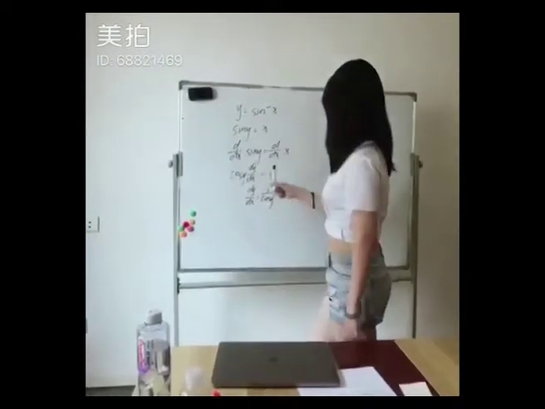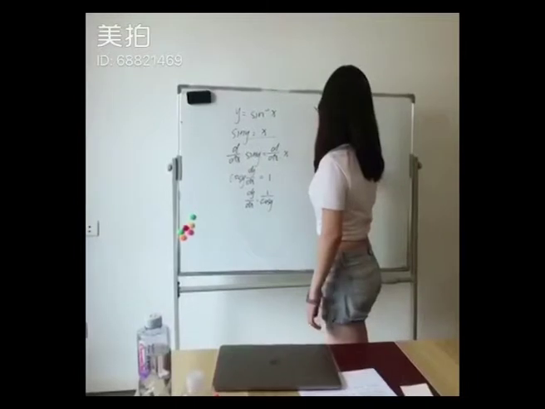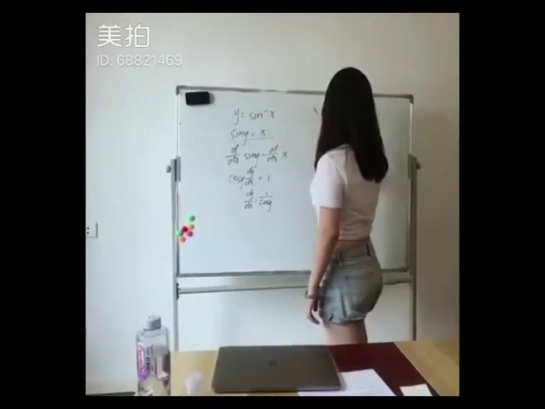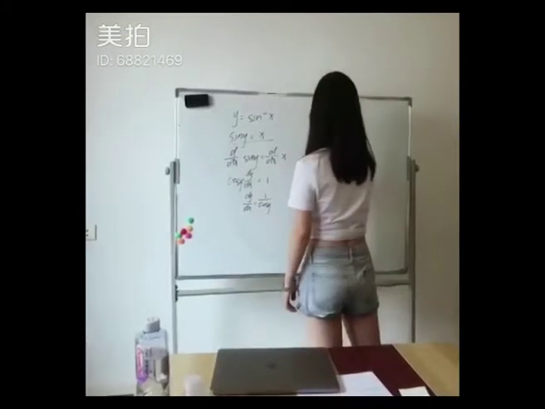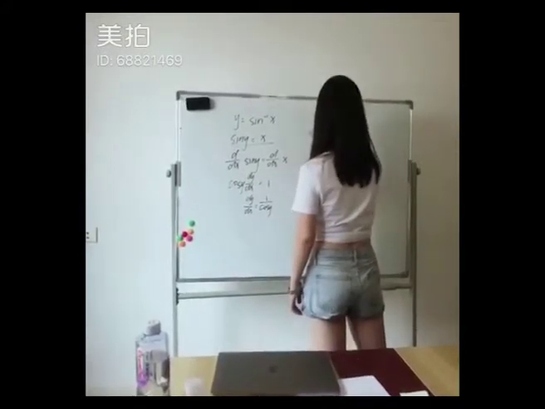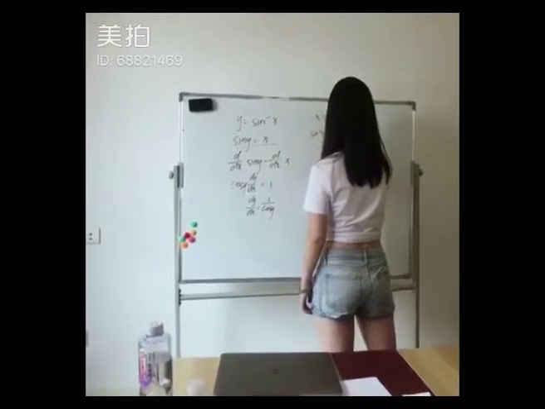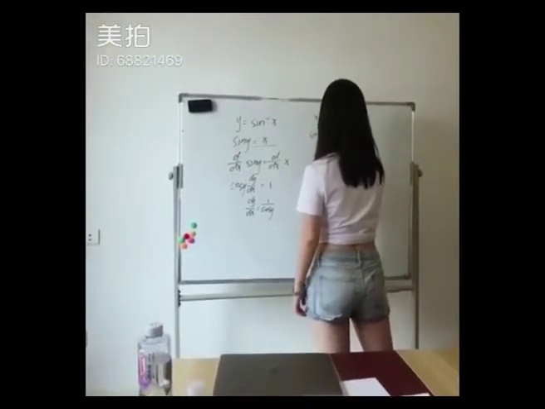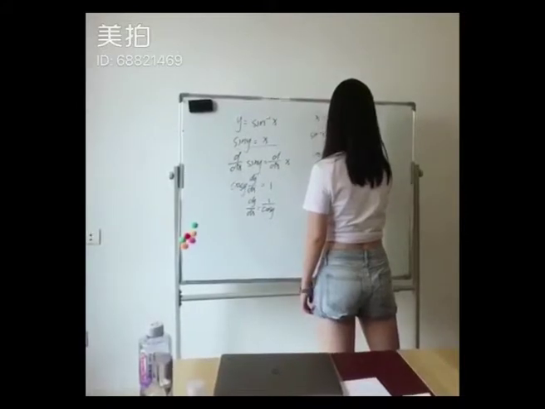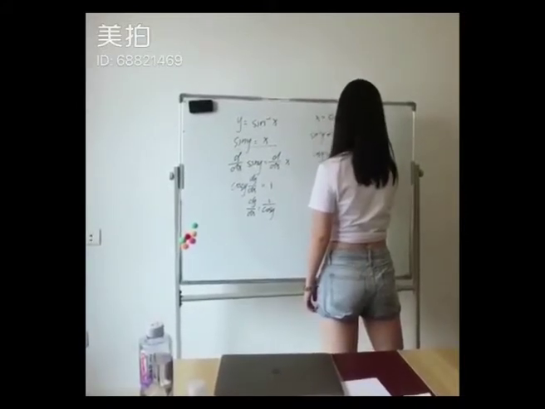Because x equals sine y, and according to the trigonometric identity, we know that sine squared y plus cosine squared y equals 1, and cosine y equals root of 1 minus sine squared y.